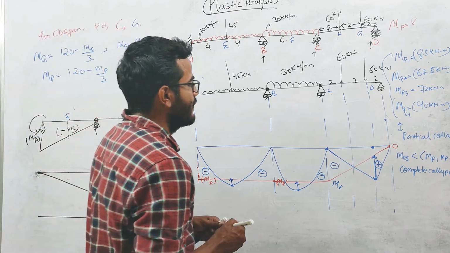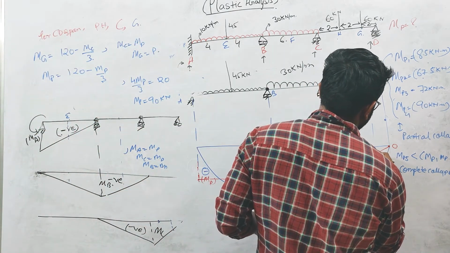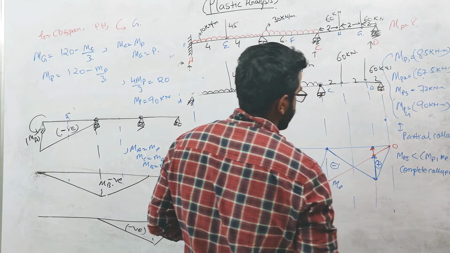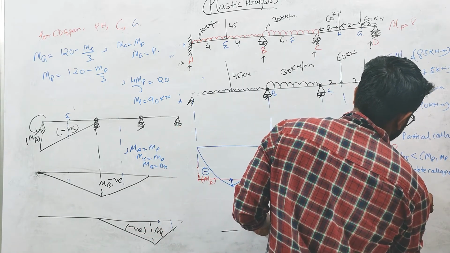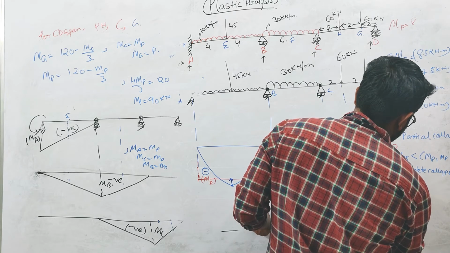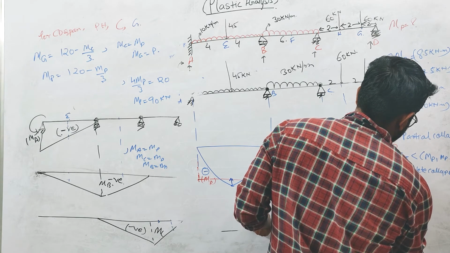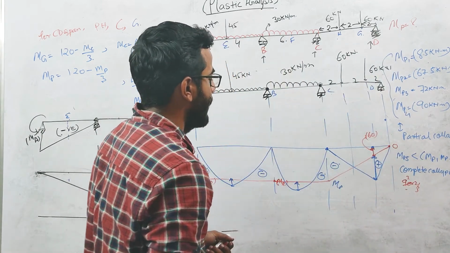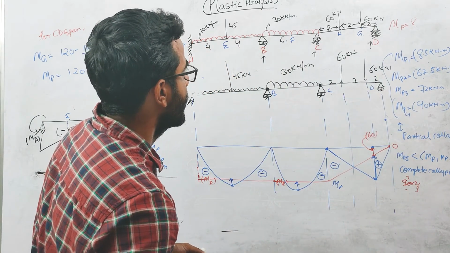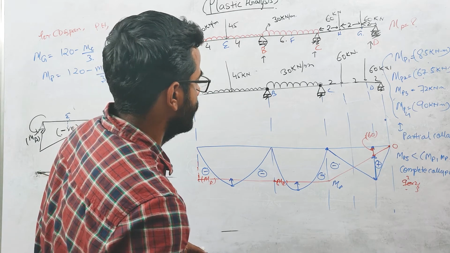Here you can see that the MP value is negative. This value will be 90 into 2 by 3, so this is 60. No, this is not 60.